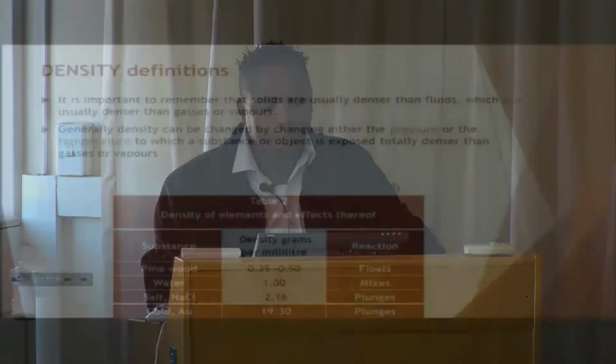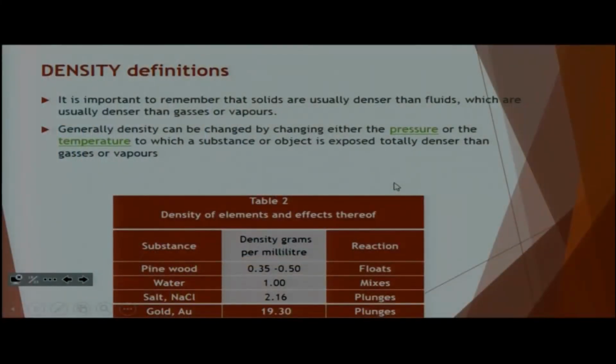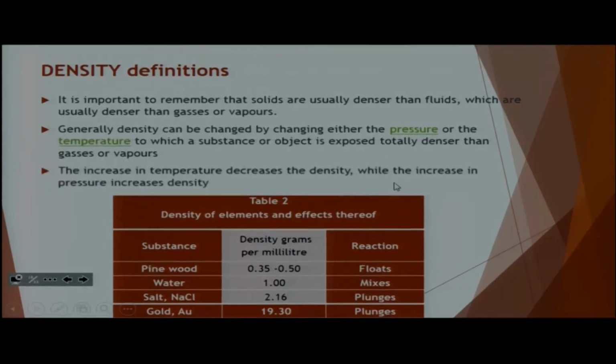Generally, density can be changed by changing either the pressure or temperature to which a substance or object is exposed. The increase in temperature decreases the density, while the increase in pressure increases the density. Table 2, just an example of substances and their density numbers.